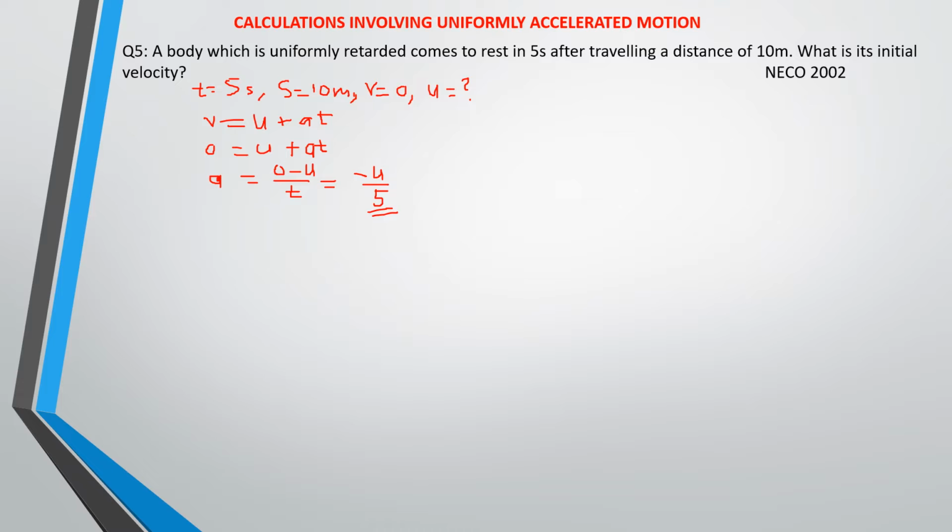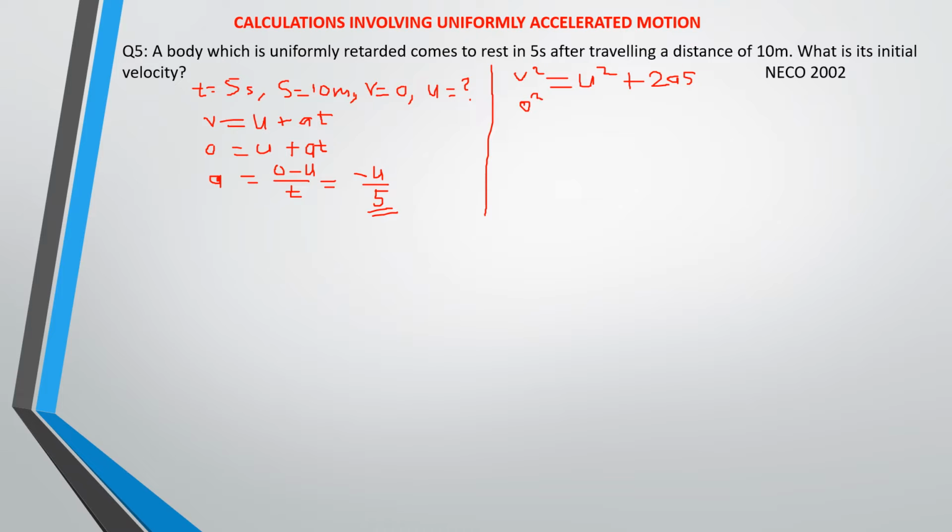Third equation of motion says that v squared is equal to u squared plus 2as.